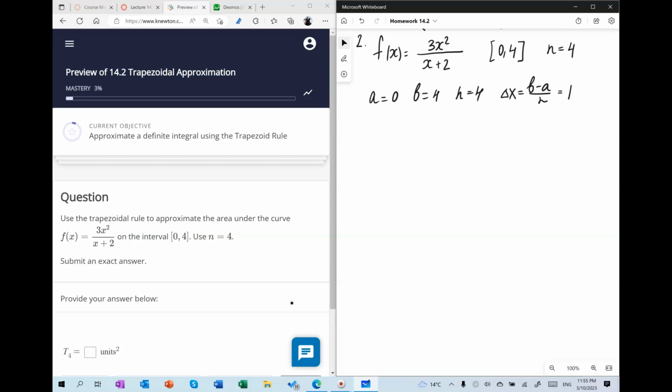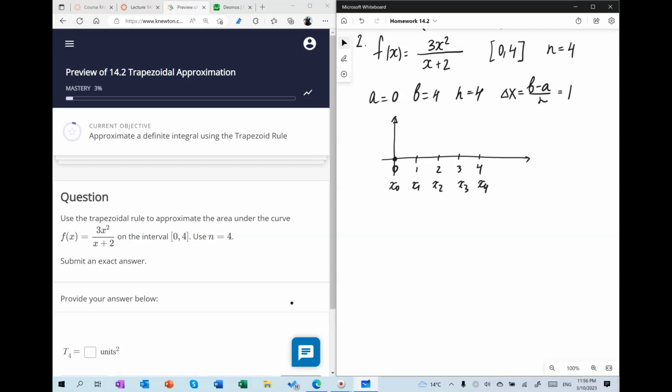Now to set up the partition, again, I don't need the graph itself, but I do kind of want to see the x-axis. So if A is 0 and B is 4, and we have 4 rectangles, then this is your partition. This is x0, x1, x2, x3, and x4.